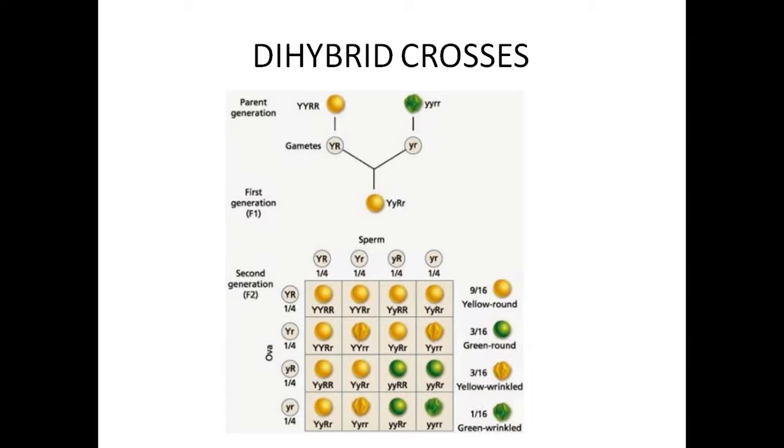4 types of seeds appeared in this ratio. The first one is yellow round, second one green round, third one yellow wrinkled, fourth one green wrinkled. So we can conclude from this data that 4 types of seeds appeared.